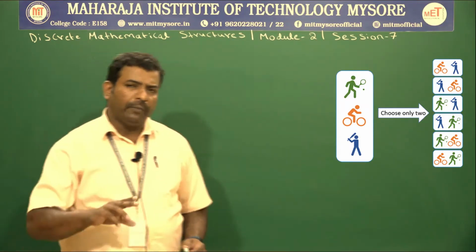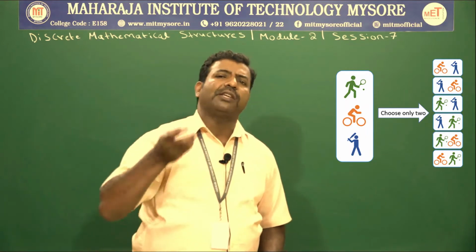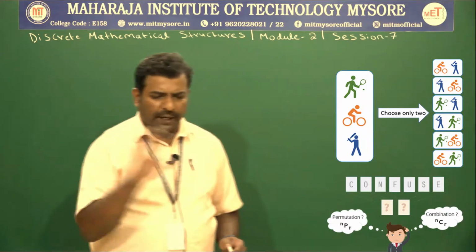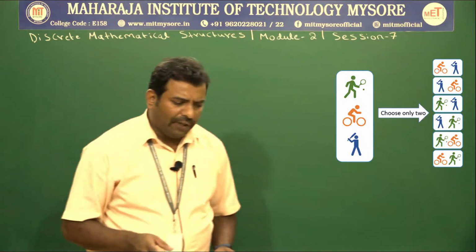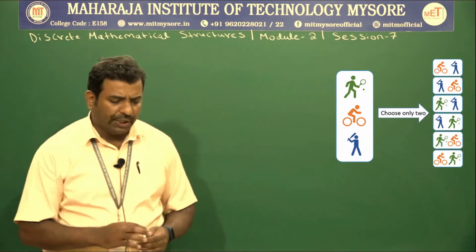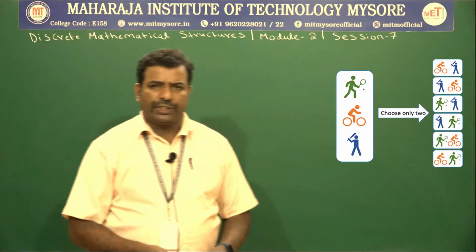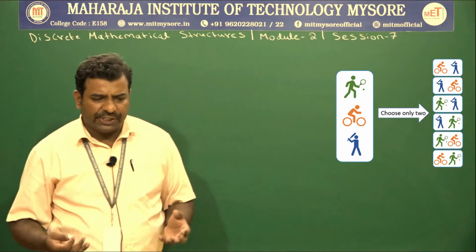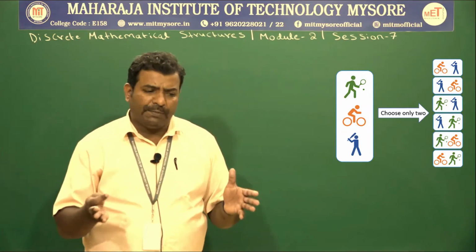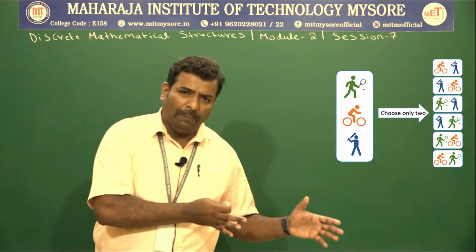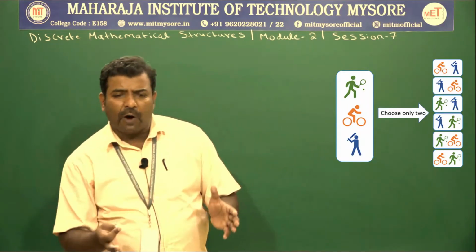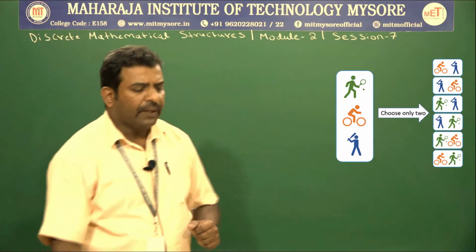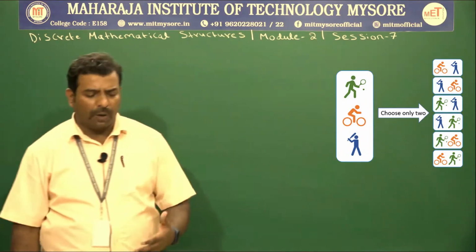Whenever you use permutation, this is going to act as a keyword to differentiate permutation from combination. I have n objects, out of them I pick r objects, and I look into the arrangement of these r objects. That is what permutation is all about.